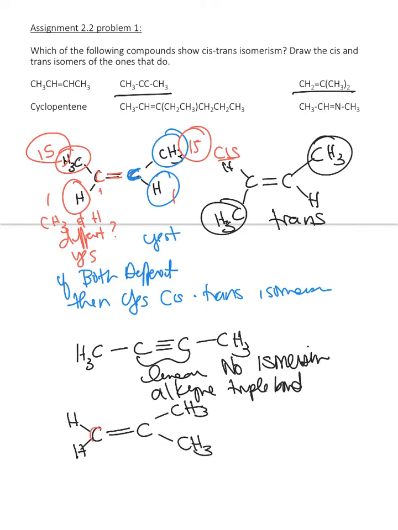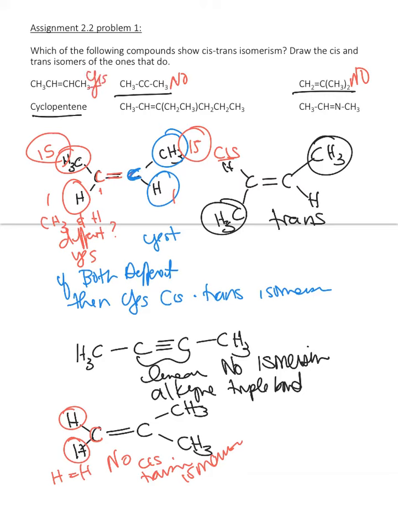You look at your first carbon and ask, are these 2 different? Hydrogen is the same as hydrogen, so there's going to be no cis-trans isomerism. So that's a no. This is no, that's no, this is yes. You don't even have to look at the next one.